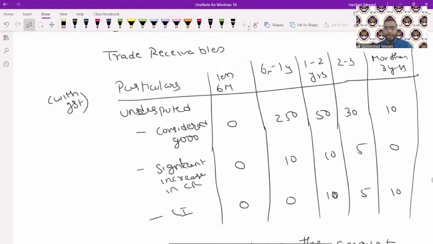Can I take a generic due date period by adding certain months to the date of transaction when the due date is not available? And can I show the GST amount in my aging schedule? Simple.